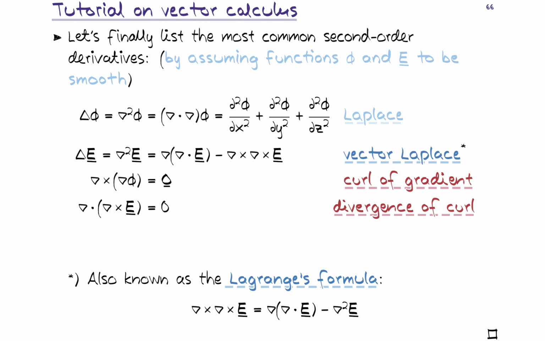So if on the left-hand side of your equality you have a scalar, then you know that also on the right-hand side you should have a scalar. And if on the left-hand side you have a vector, then on the right-hand side you should also have a vector. If you remember these two rules of thumb, you are already getting the winning side of many things. So please remember this.